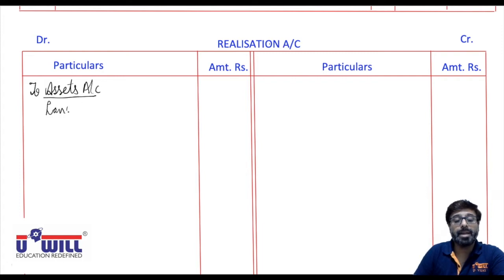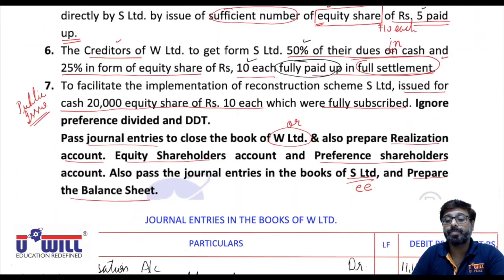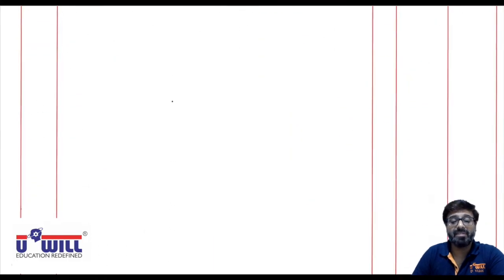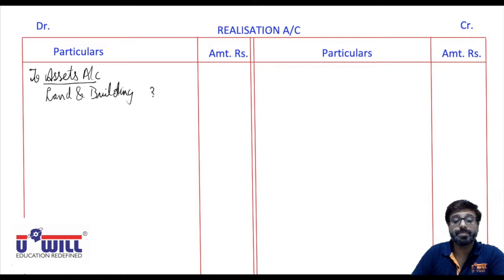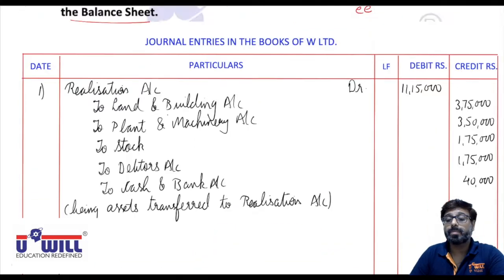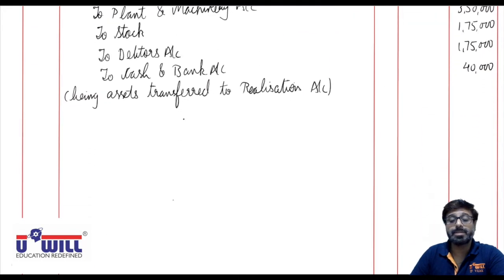Land and building in the inner column 3,75,000. Plant and machinery in the inner column 3,50,000.